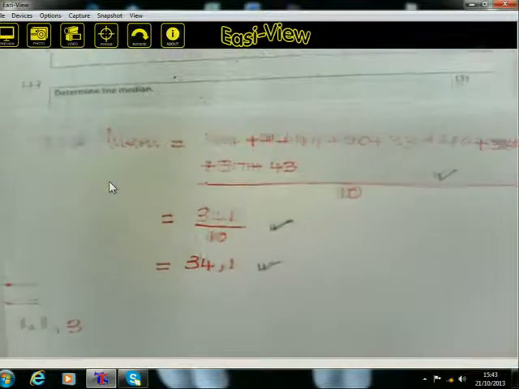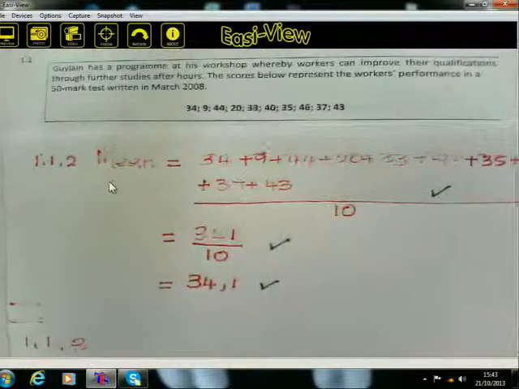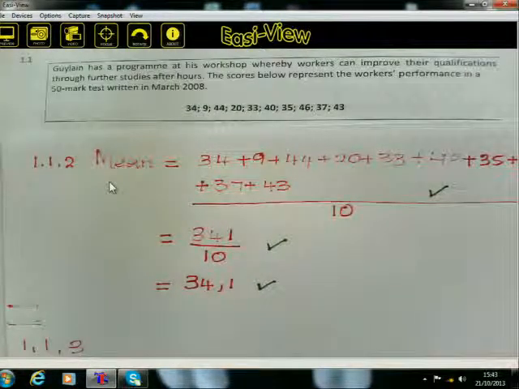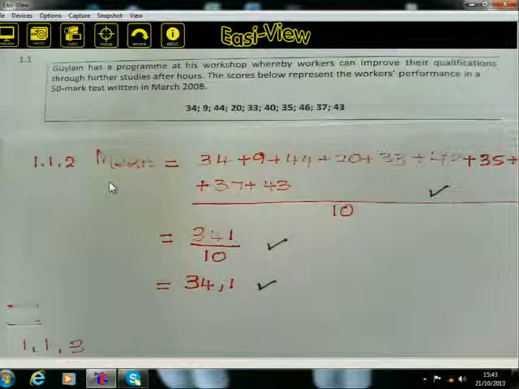So let us go back to our data, and please rearrange it with me. Let us start with the smallest number from the data. You arrange the data in order, from ascending to descending.